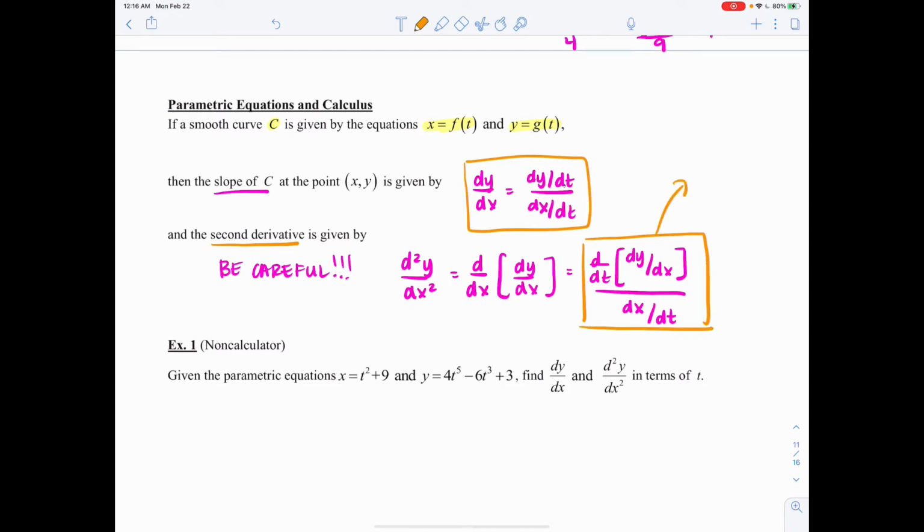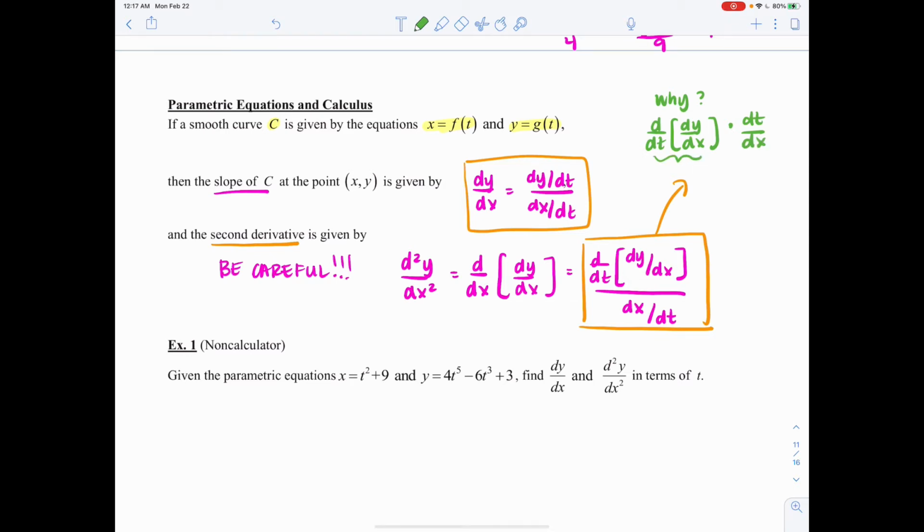So why is this the case? Well, we are basically saying, take the derivative with respect to t of dy dx, and if I multiply by the reciprocal, dt dx, watch what happens.